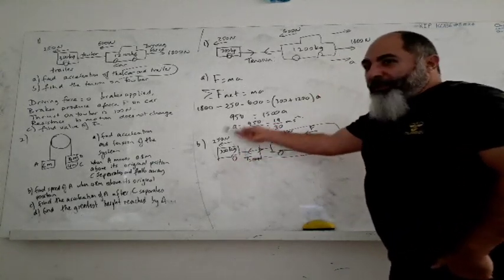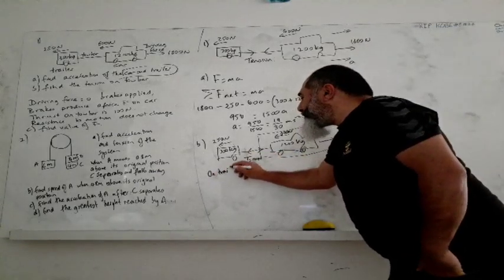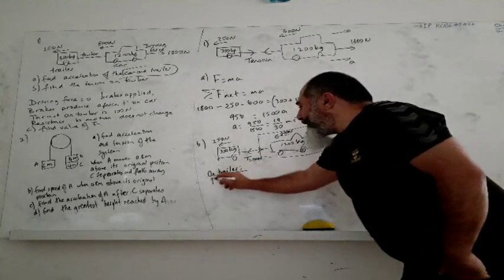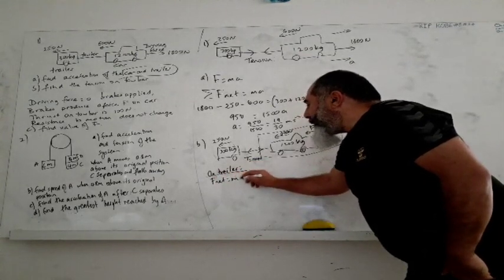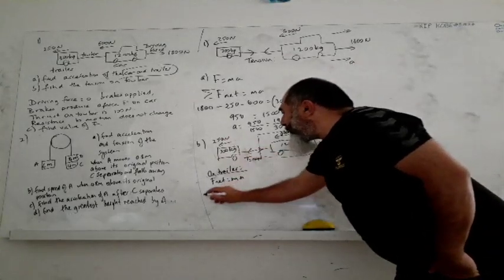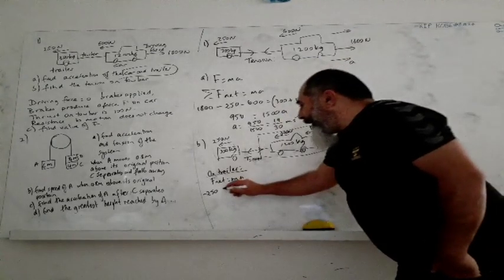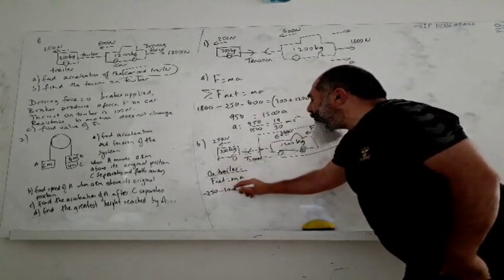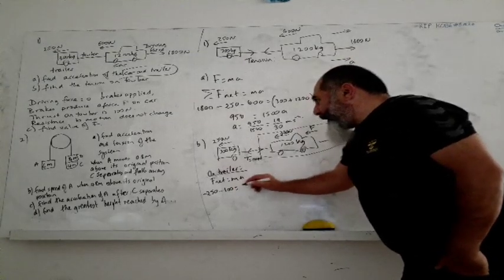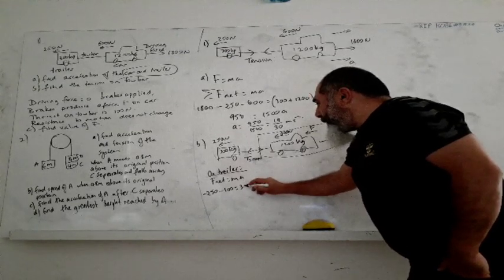So on the trailer, F net is mass times acceleration. What are the forces? Minus 250 opposing the motion, and a thrust of 100 newtons which is also opposing the motion, equal to mass times acceleration.